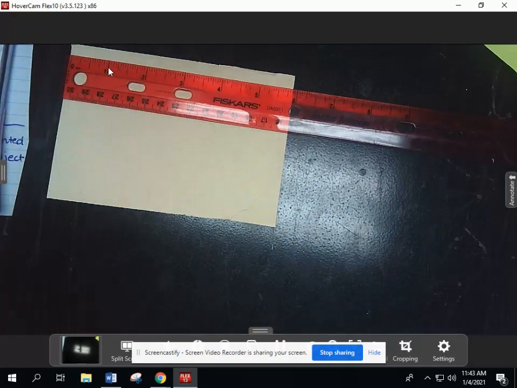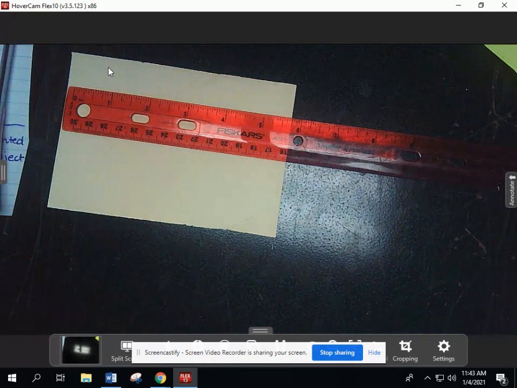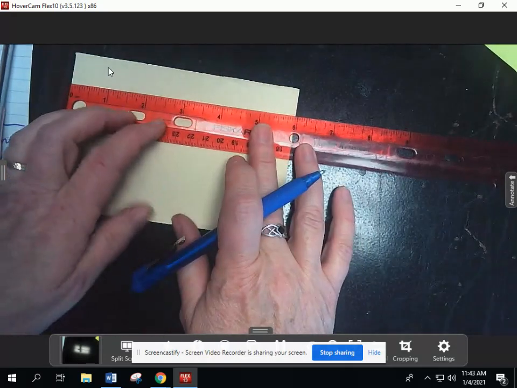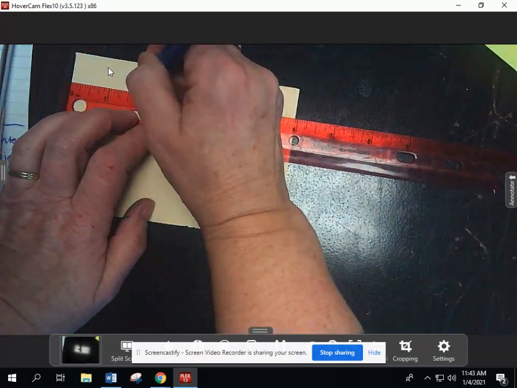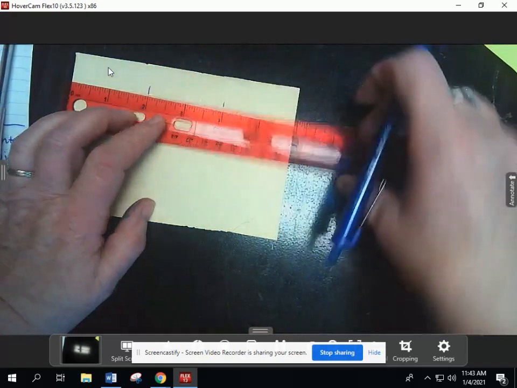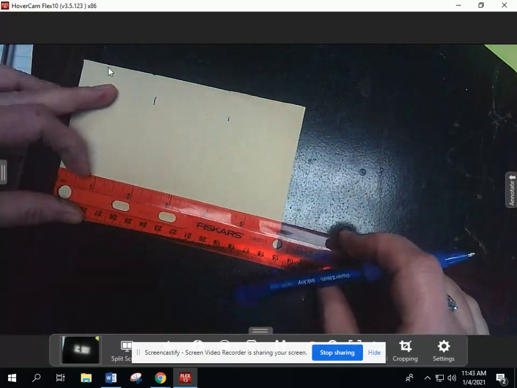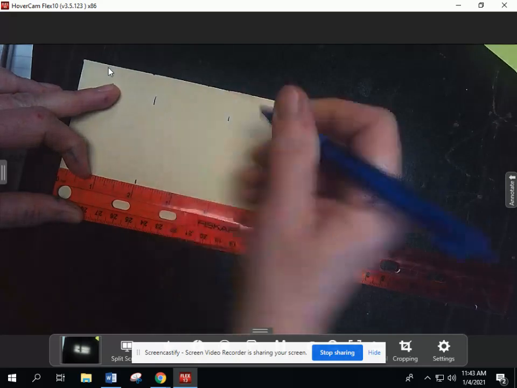What Jacob thought we were doing is we're going to fold it around the ruler like this. Okay, Luke, what do we do if the ruler is 6 inches long? You draw a line up to 2. Luke says I have to measure every 2 inches. Okay, there's 2 inches, there's 2 inches. I'm going to move this down to make certain I've got it straight. Here's 2 inches, there's 2 inches.